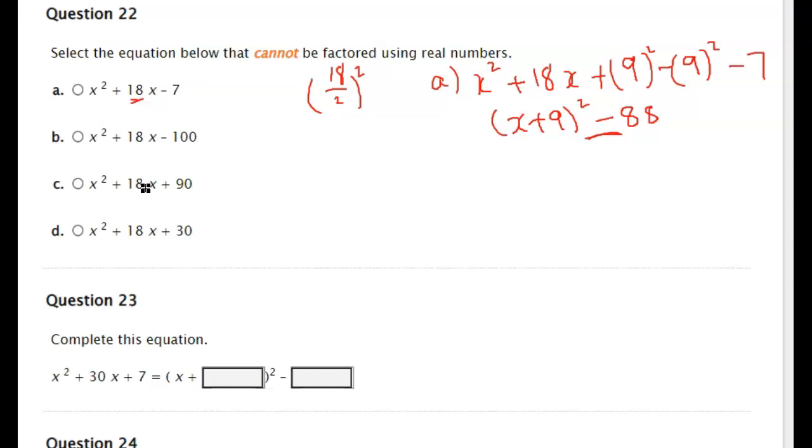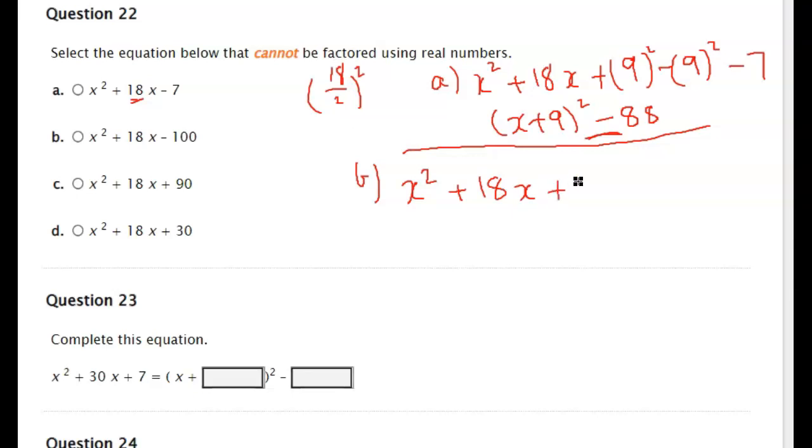So then we just have to keep working through them. All right, let's look at option B. So we do the same thing. So I'm just going to put a line under there. We've got x squared plus 18x. Okay, so I've got 18 over 2 here.